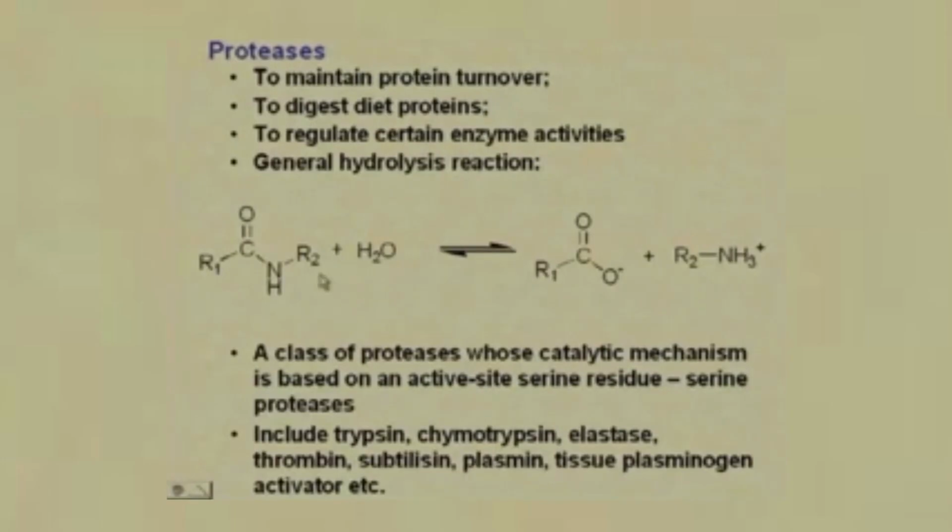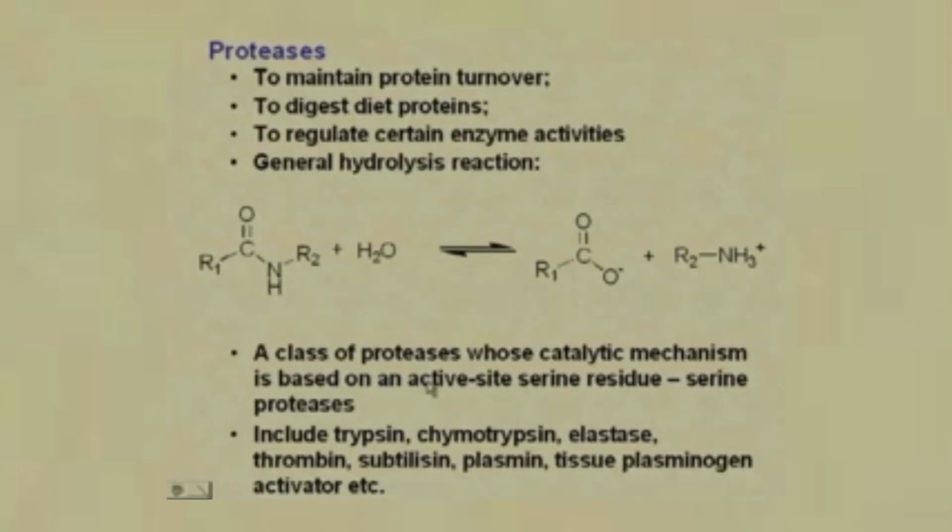Now we are going to have a general hydrolysis reaction in which we have the cleaving of this bond, and this is accomplished by these proteases. There are different types of proteases, like serine proteases and aspartic acid proteases, and the one that we'll be studying is serine proteases.